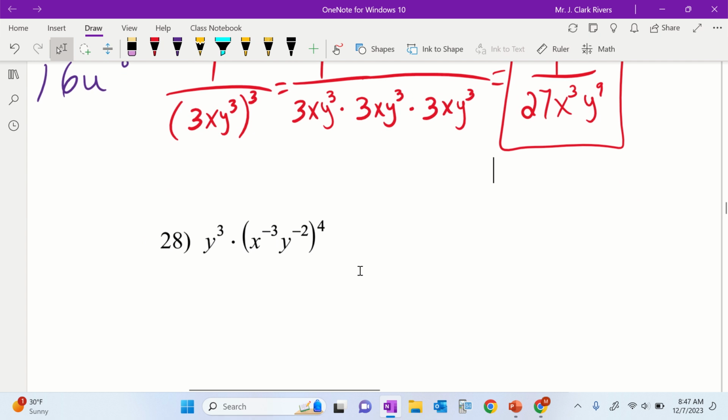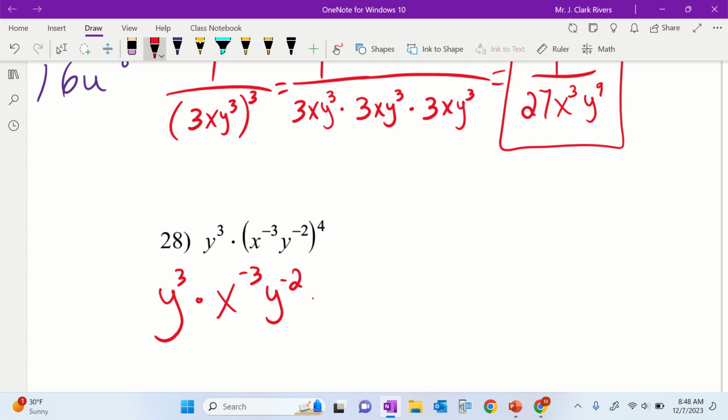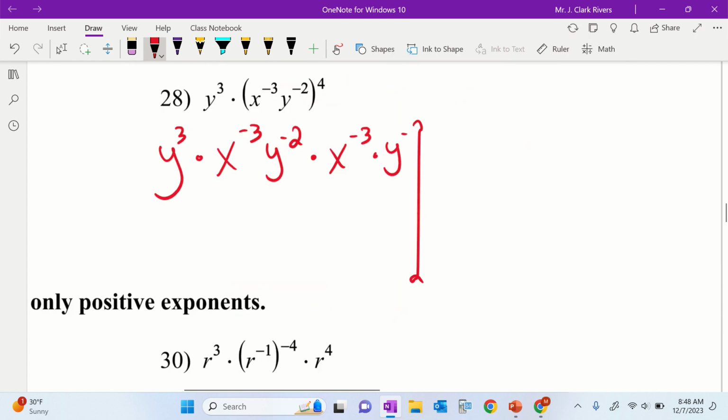Okay. Oh, this one's tough too. Y to the power of 3 multiplied by, okay, let's think about what it means to multiply this by itself 4 times. That's going to give us x to the power of negative 3, y to the power of negative 2. And we're going to multiply that by x to the power of negative 3 times y to the power of negative 2.